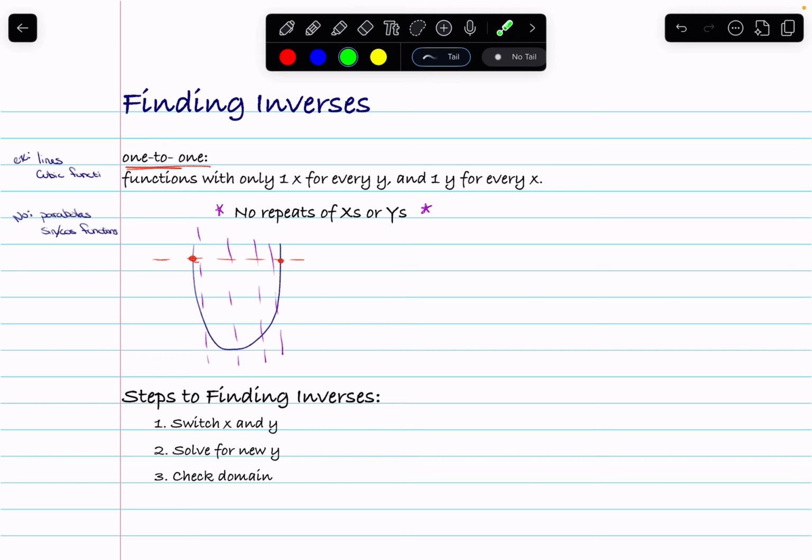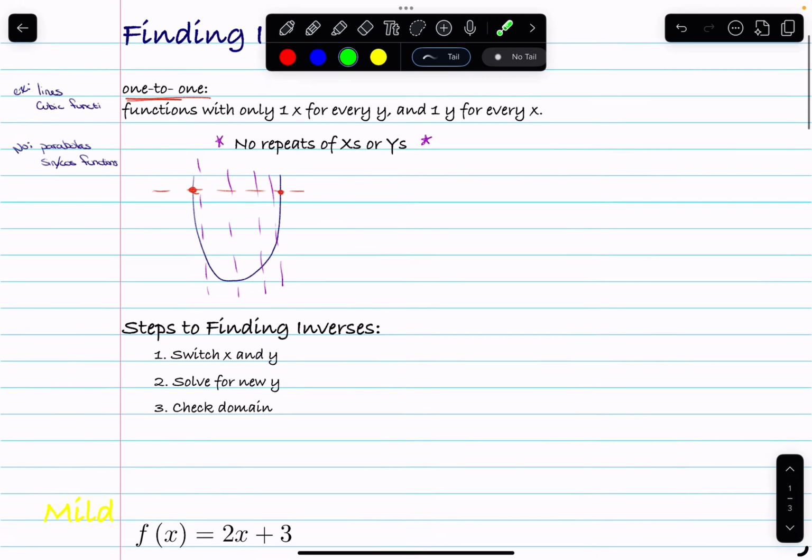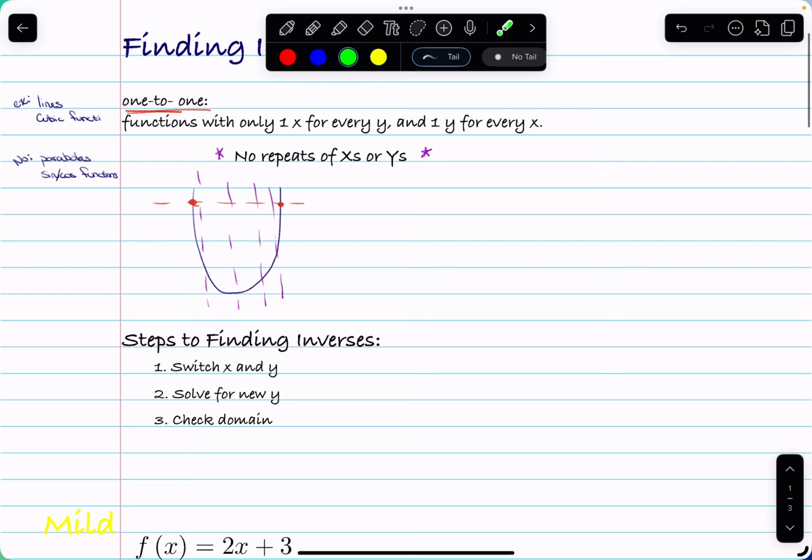If you are looking for the inverse algebraically, though, we have a couple of steps. All right, so in order to find the inverse algebraically, these are the steps. The first one is we're going to switch the x and the y. Remember that y can be written as f of x. That's just a fancy way of writing y, okay?